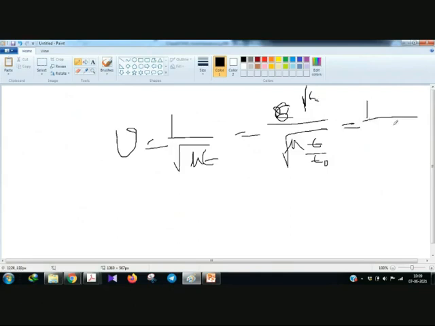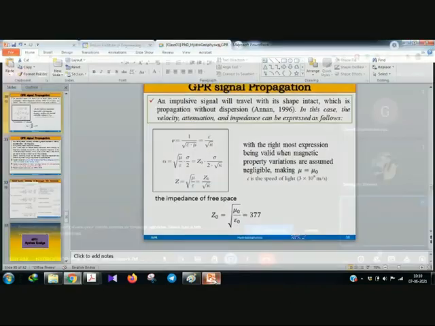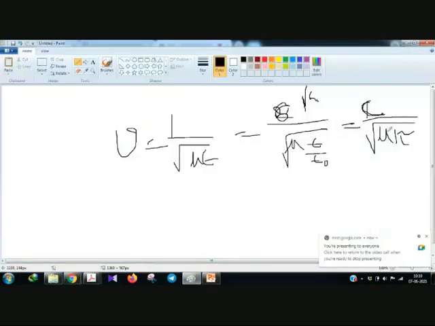So if you are using kappa, then you will be using C. So V, the velocity, is basically depending on C by root kappa.